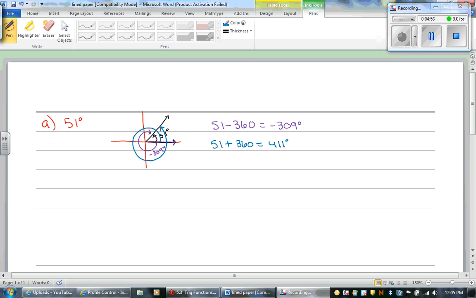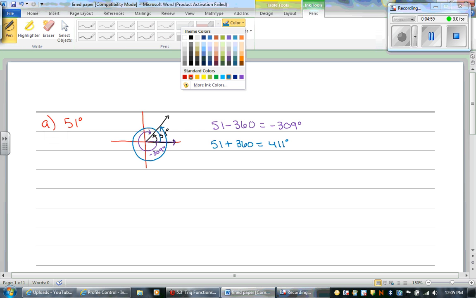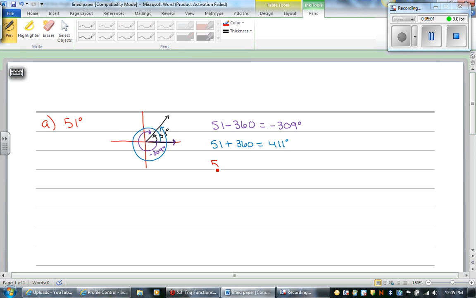And of course, there are more coterminal angles, and I can find those by simply adding multiples of 360 degrees. So let's say I wanted 3 extra rotations. I could simply add that multiple to get another coterminal angle. There are an infinite number of coterminal angles.